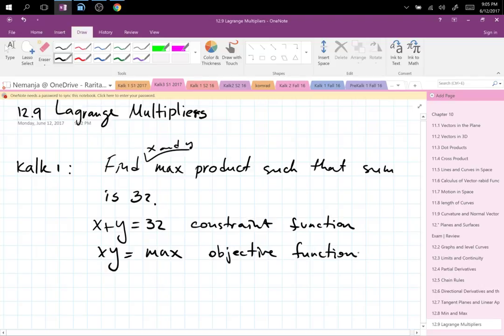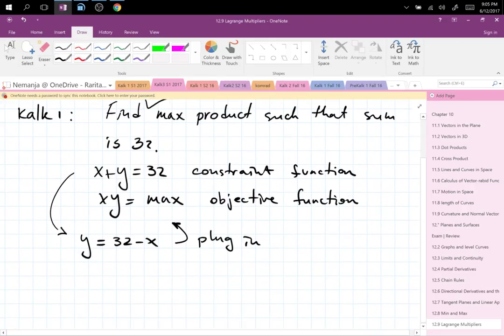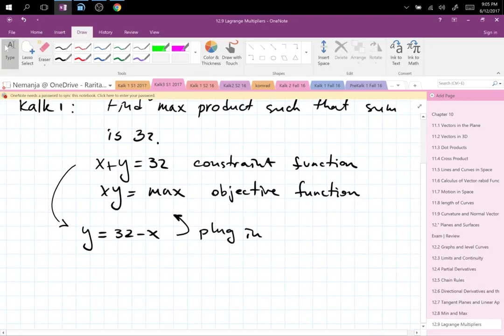And the way you solve these problems, you took this equation, solved it for either x or y, and then plugged in. We're going to do something very similar now. Plug in, and you will get x times 32 minus x equals a max, which is 32x minus x squared equals a max.